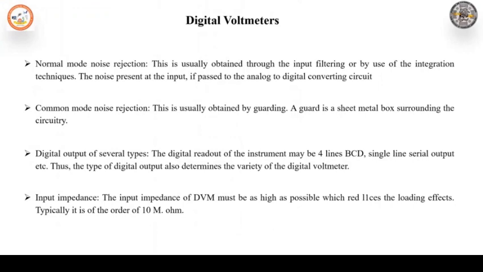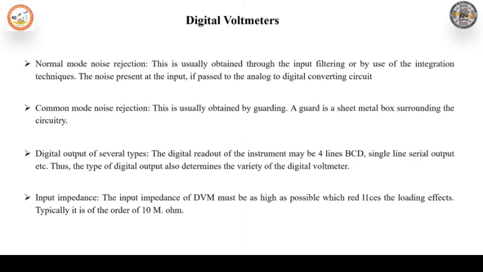The noise present at the input, if passed to the analog to digital converting circuit, can produce error, especially when the meter is used for low voltage measurement. Hence, noise is required to be filtered.